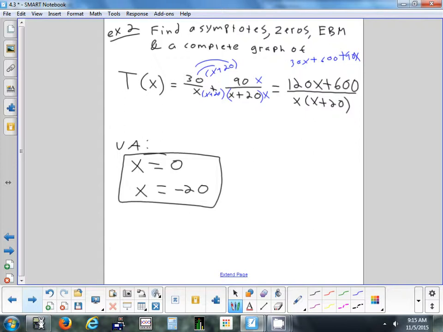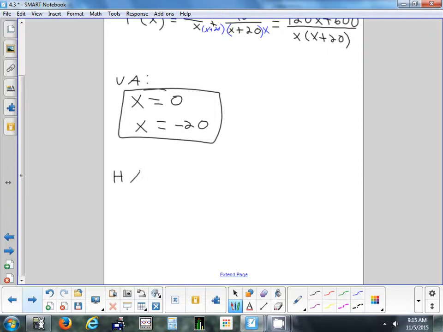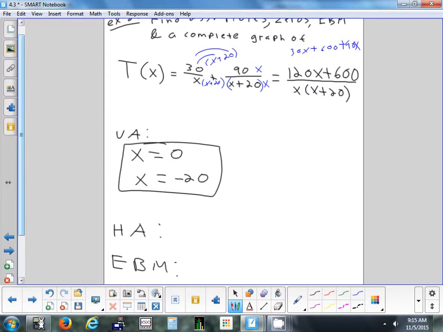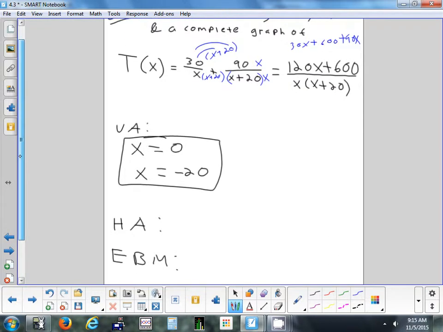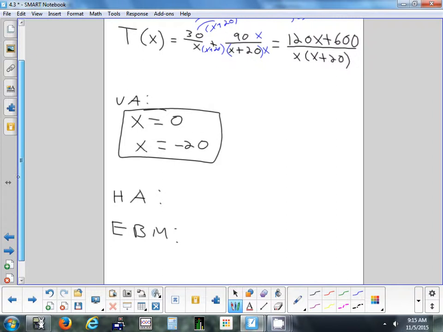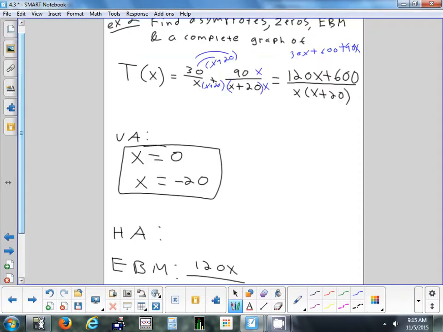All right, now let's find our end behavior model and horizontal asymptotes. What's the highest degree term in the top? Yep, 120x. And now in the bottom, I know it's not distributed out, but if you did it, what would be the highest degree term in the bottom?